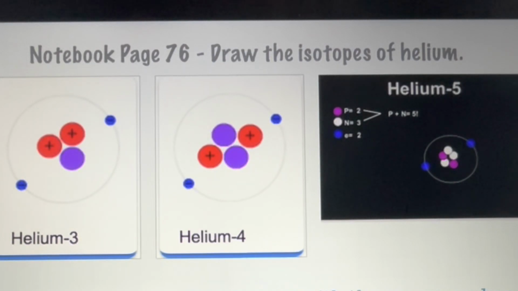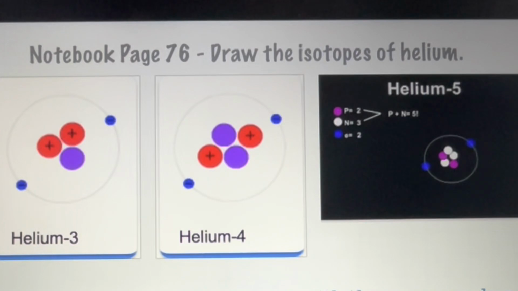So helium-3 has 2 protons, and then to get that 3, it needs to have 1 neutron. So helium-3 in its nucleus has 2 protons and 1 neutron. Helium-4 has to have 2 protons, but now it has 2 neutrons in its nucleus.